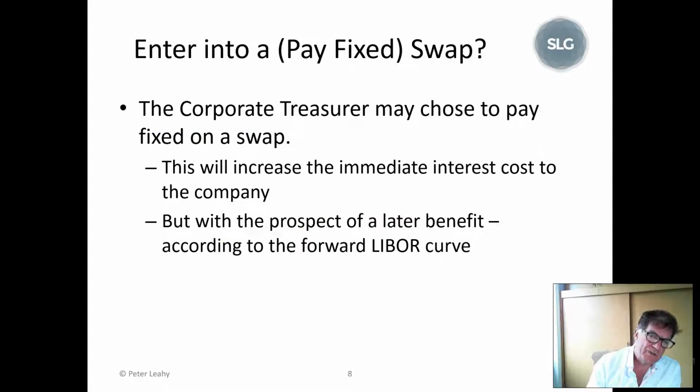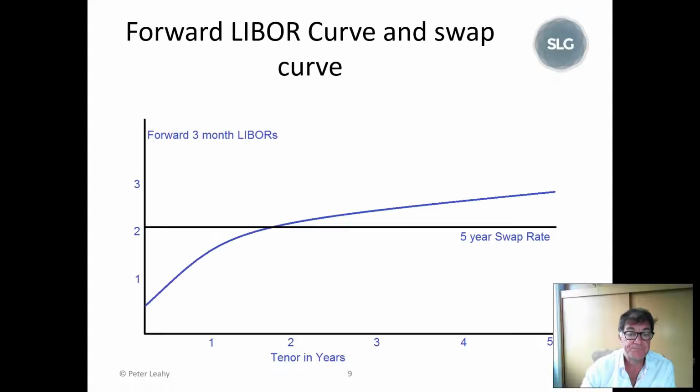Our corporate treasurer then perhaps decides to pay fixed on a swap. We'll see. That may well increase, or it will in this case, the immediate interest cost to the company, but with the prospect of a later benefit according to the forward LIBOR curve. So here I've taken the same diagram we had a minute ago, and I've added another line to it, which is the 5-year swap rate.